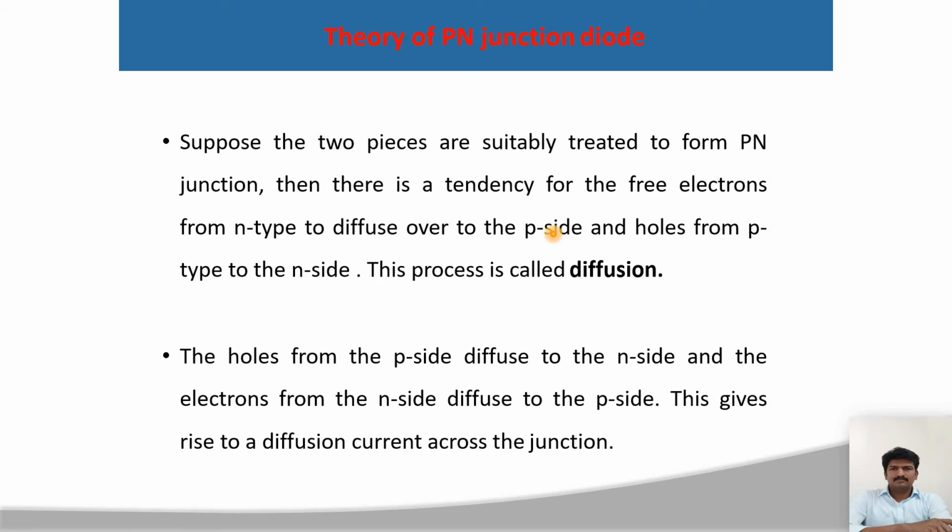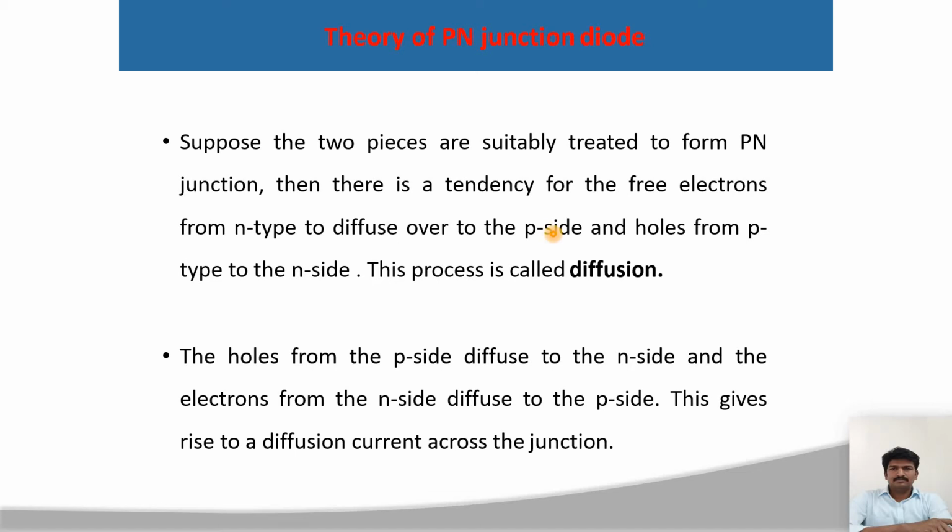Suppose two pieces are suitably treated to form a p-n junction. There is a tendency for the free electrons from n-type to diffuse over to the p side, and holes from the p-type to diffuse over to the n side. Free electrons in the n-type try to diffuse to the p side, and the free holes, majority carriers from the p-type, try to diffuse to the n-type.